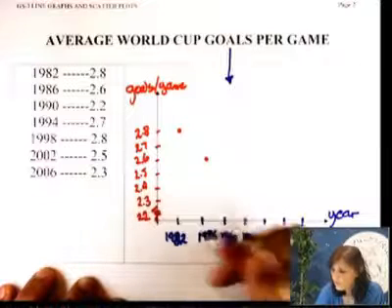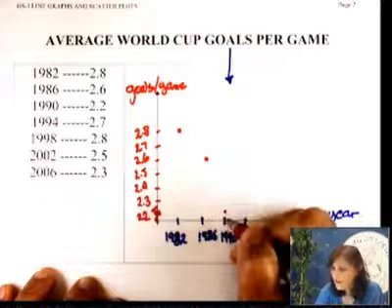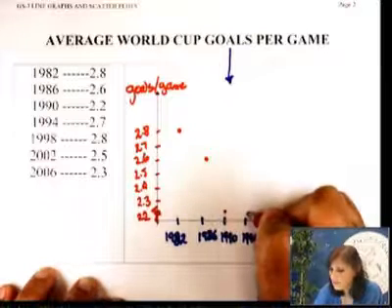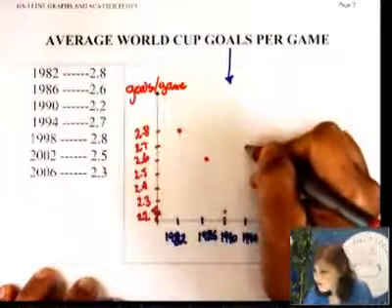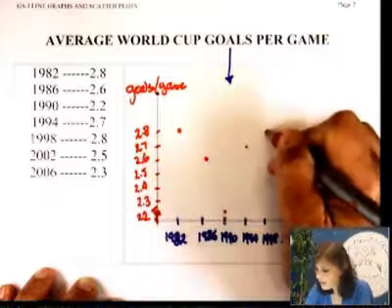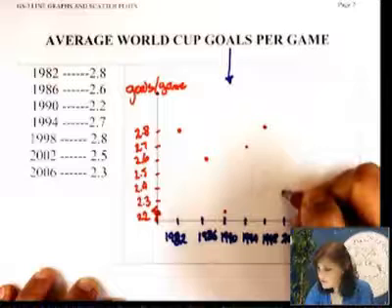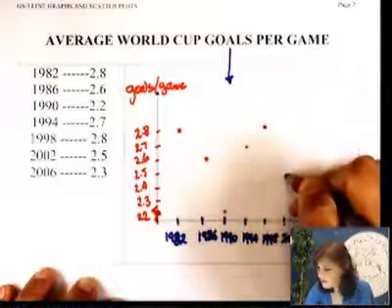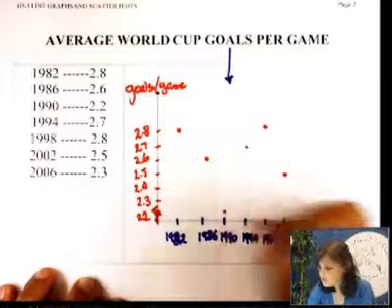I should have broken it right here, 2.2. And 2.7 for 1994. All right, 1998, 2.8 again. And then 2002, 2.5 around here. You may want to use a ruler, 2.6, 2.3.